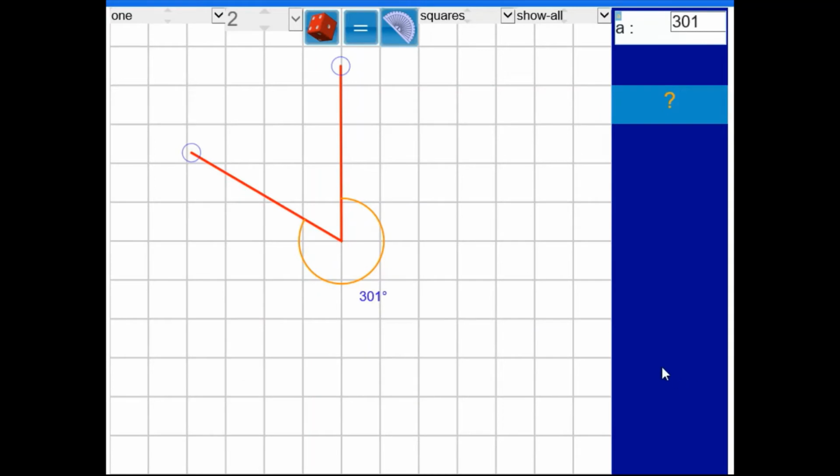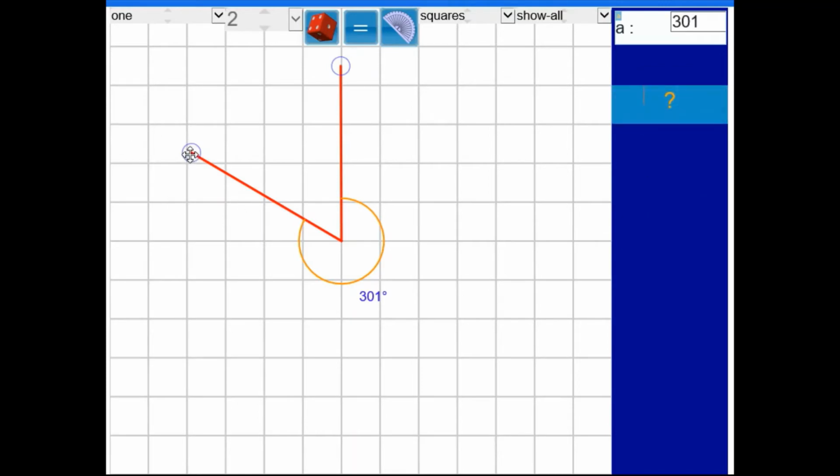What's this one? What type of angle is this? This is a reflex angle, the flexible reflex, because it's gone over 180 degrees and it's flexing around to reach a full circle.